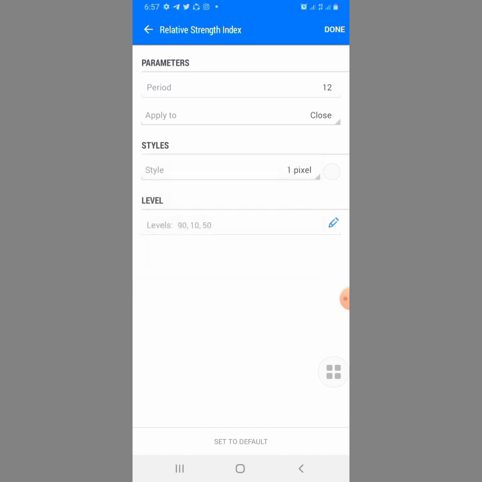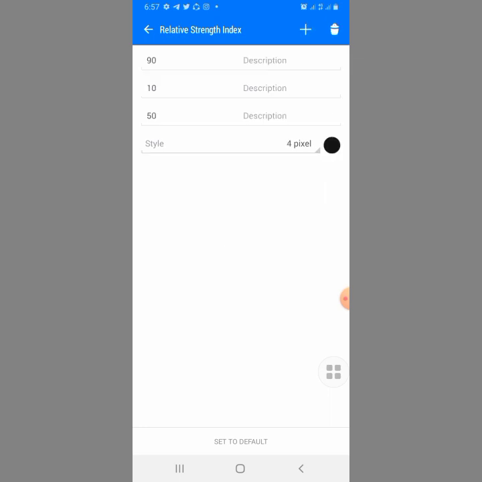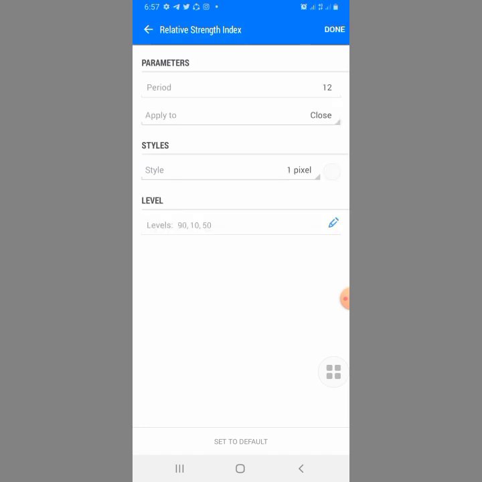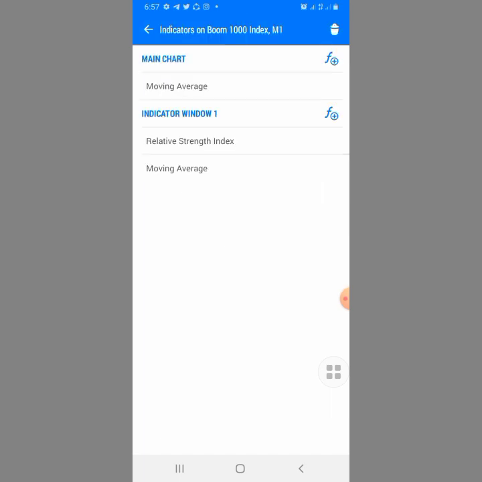If you have a black background, then you can use black color, but this is a white background, so we are using white. The levels are simple: level 10, level 50, and level 90. Just the simple settings we have been using for some time. Then after that you click on done.